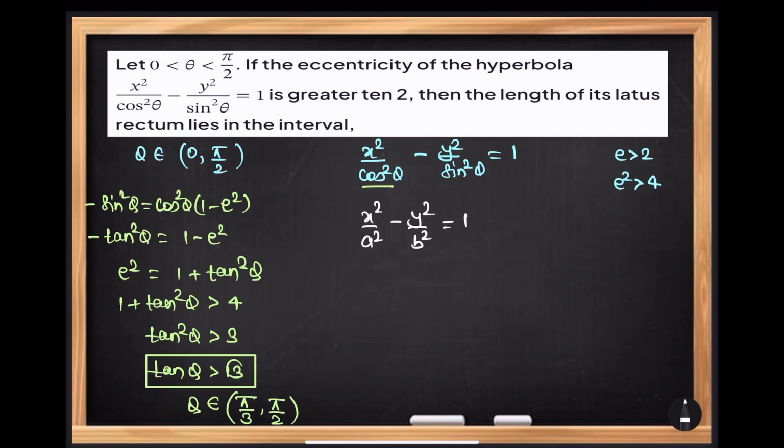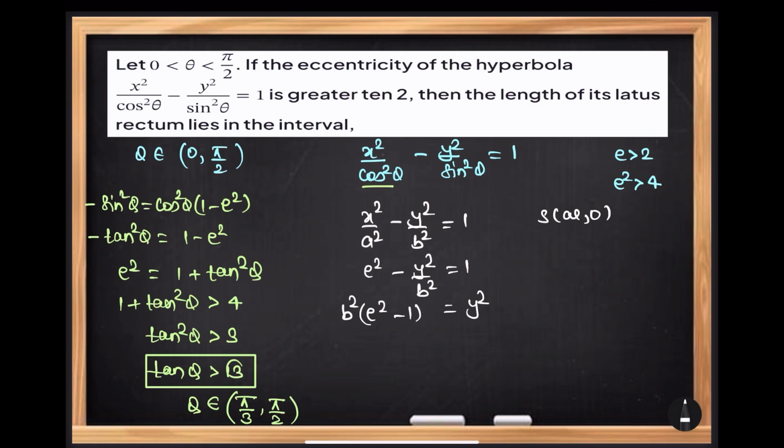You know that latus rectum is a chord passing through the foci, perpendicular to the axis. So I'm talking about foci, (AE, 0). In place of x I will substitute AE, so it will become E square minus y square by b square equals 1. So it is E square minus 1 equals y square by b square, correct?